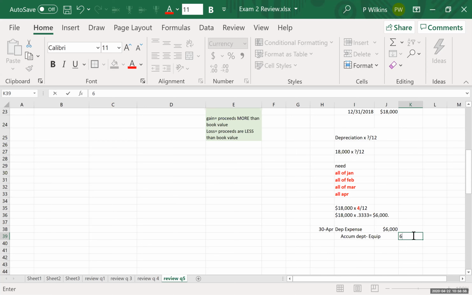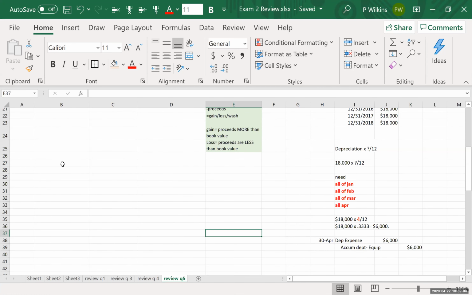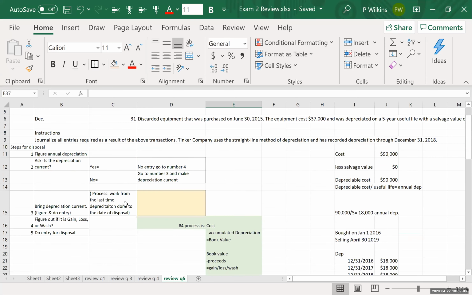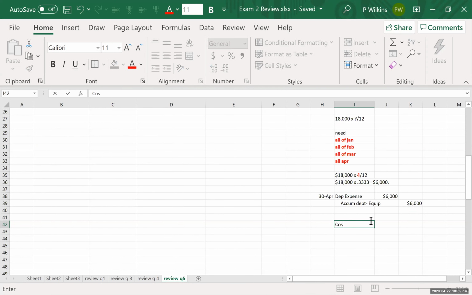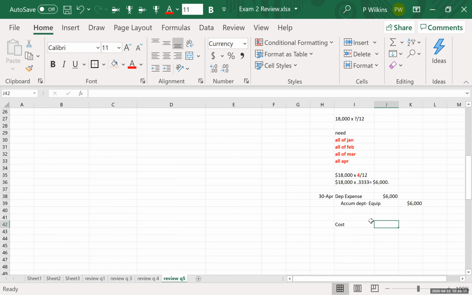So now our depreciation is current, okay? So now we come back up here. We bring the depreciation current, right? That's number 3. Now we go to is the gain, loss, or wash, okay? So we go from what it cost, and the cost was 90, right? 90,000.